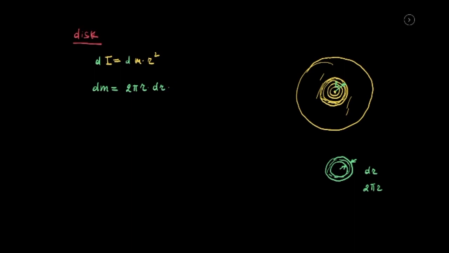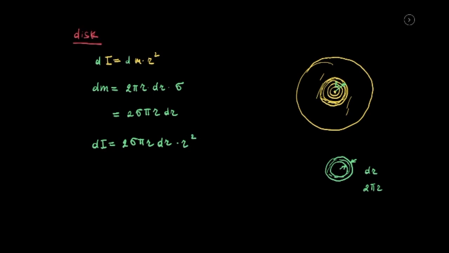And I have to also multiply it by the surface density, right? Let's call it sigma, and sigma is constant at every point of the disk. So we will get 2 sigma pi r dr. Then the dI would be equal to 2 sigma pi r dr multiplied by r squared.